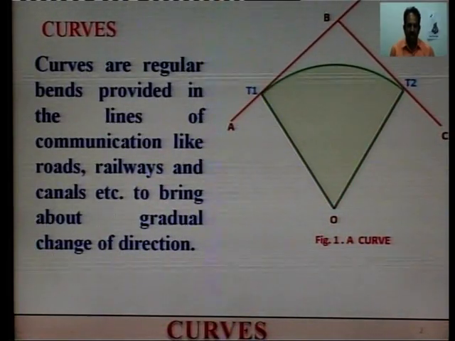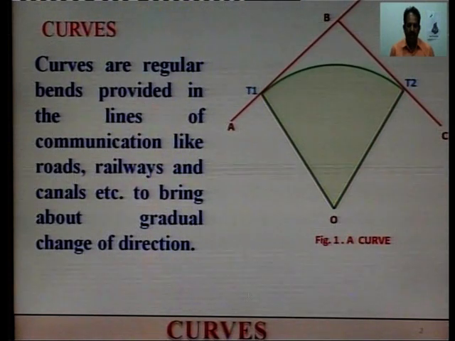We provide curves to bring about a gradual change in direction for these lines of communication, just like roads, railways and canals.